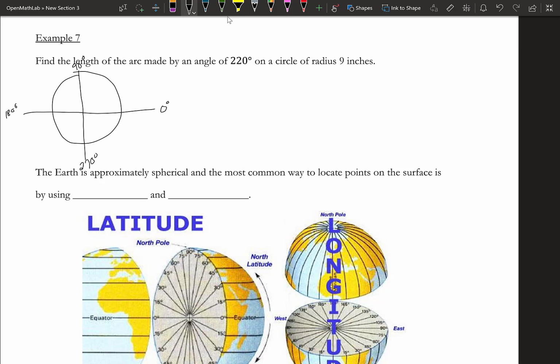So 220 is going to be in between 180 and 270, so somewhere here is going to be 220 degrees. And that's our theta. And then this part here is our radius, which is equal to 9 inches. That was provided to us.